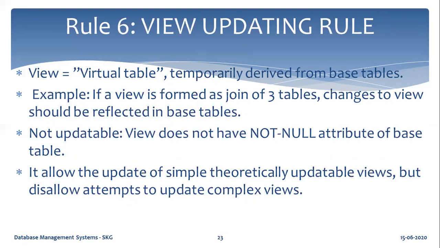So, updation in a view: a view that does not include the not null attribute of the base table is not updatable. It allows update of simple, theoretically updatable views, but does not allow attempts to update complex views. Actually it should not allow complex views, because when views are updated, the values will be updated in the base tables also.